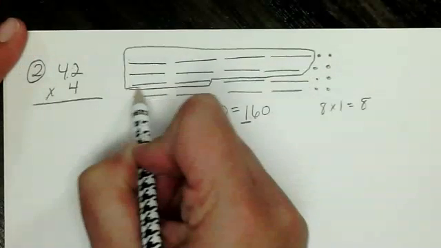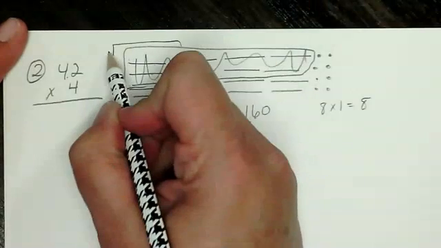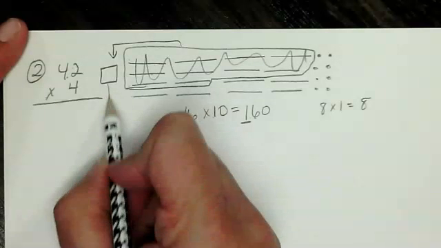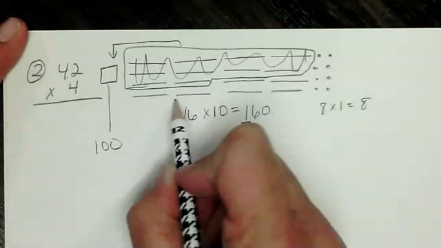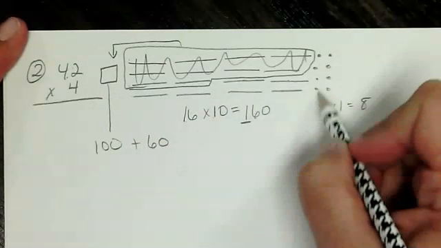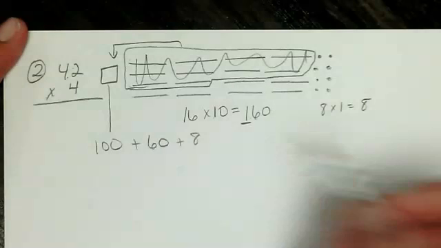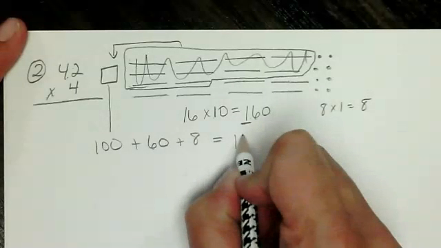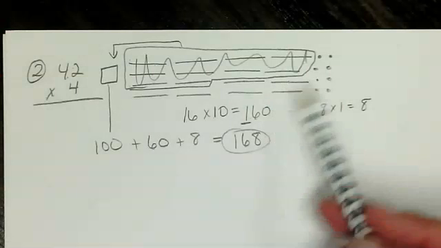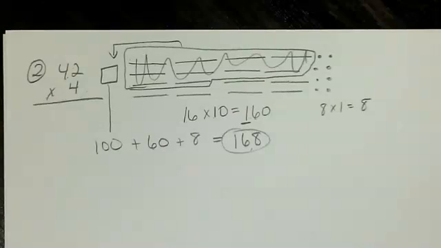I'm going to take these and I'm going to use them to make 100. So now I have 100, 10, 20, 30, 40, 50, 60, plus 60, plus 8. That's going to give me my answer. That's going to be 168. Using base 10 blocks model, I solved my equation. 42 times 4 is 168.